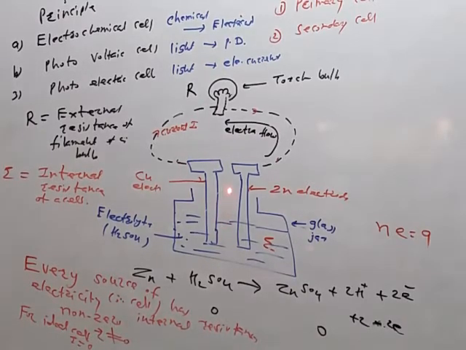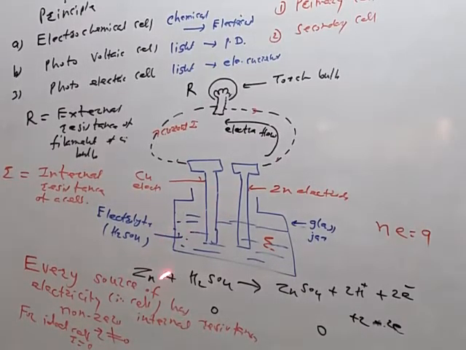Inside the cell some reactions are taking place, and during this reaction chemical energy is liberated, and that chemical energy is converted into electrical energy. So this electrical energy is used to circulate the electron, to circulate the charge.